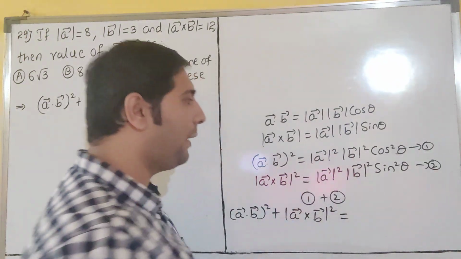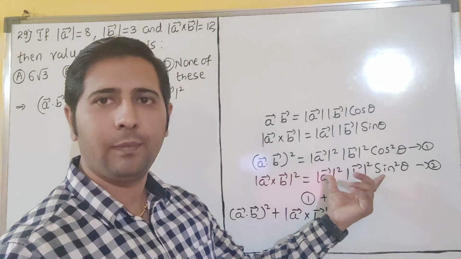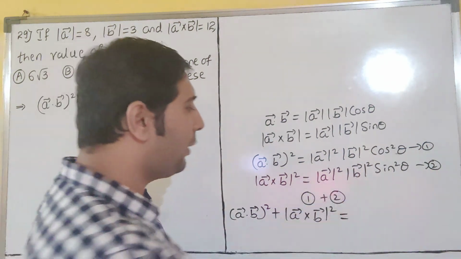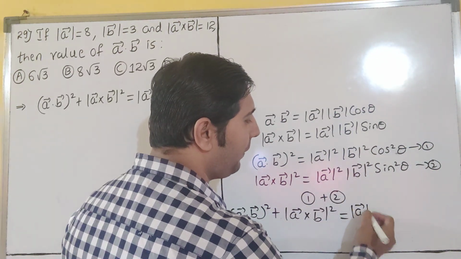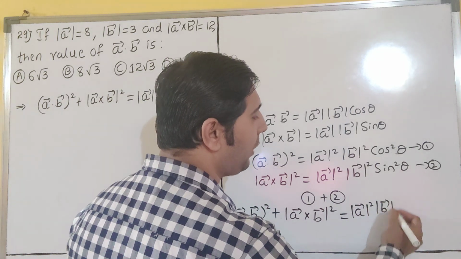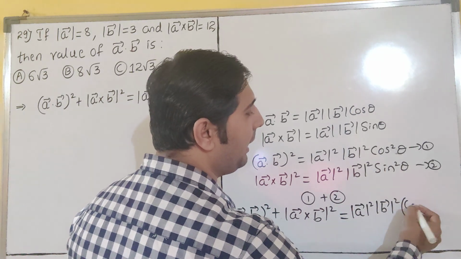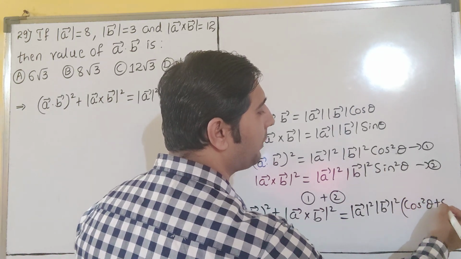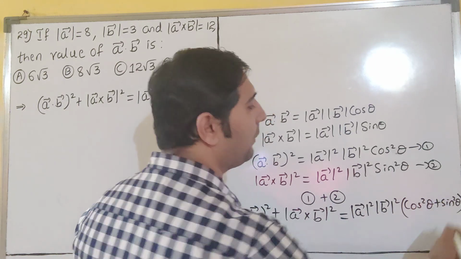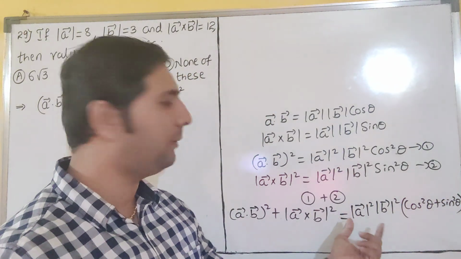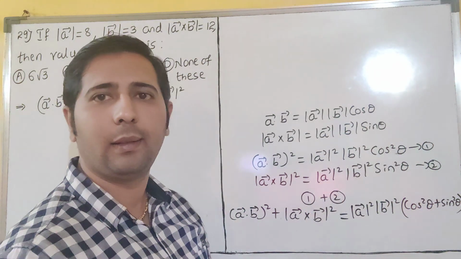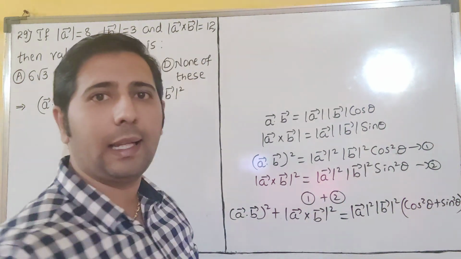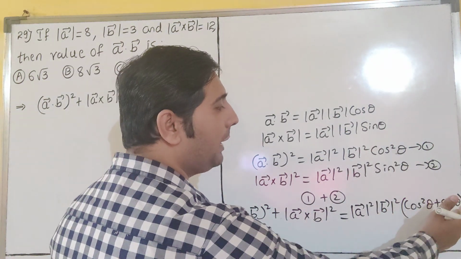Now, dear students, can you observe what is common in both? Magnitude of A square, magnitude of B square is common. So I can write cos square theta plus sin square theta. What is cos square theta plus sin square theta?